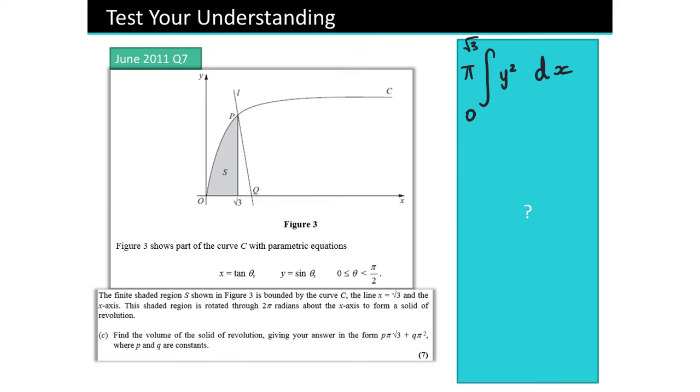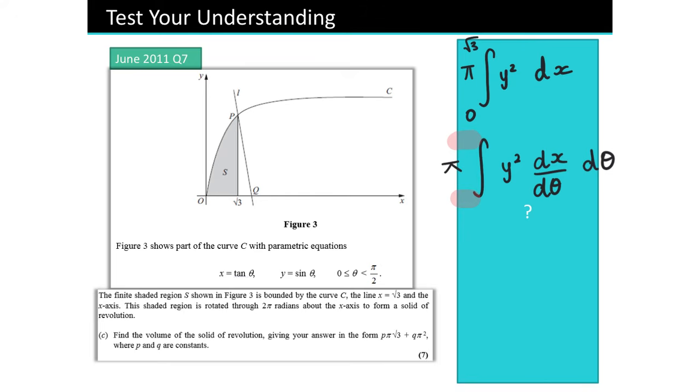So now we have parametric equations, okay? So to find this dx, we're going to have to integrate between, first of all, we have y squared, we're going to have dx by d theta, then all with respect to d theta, okay? We're going to multiply this by pi, and we need to change the limits. So this is now our new formula, okay?